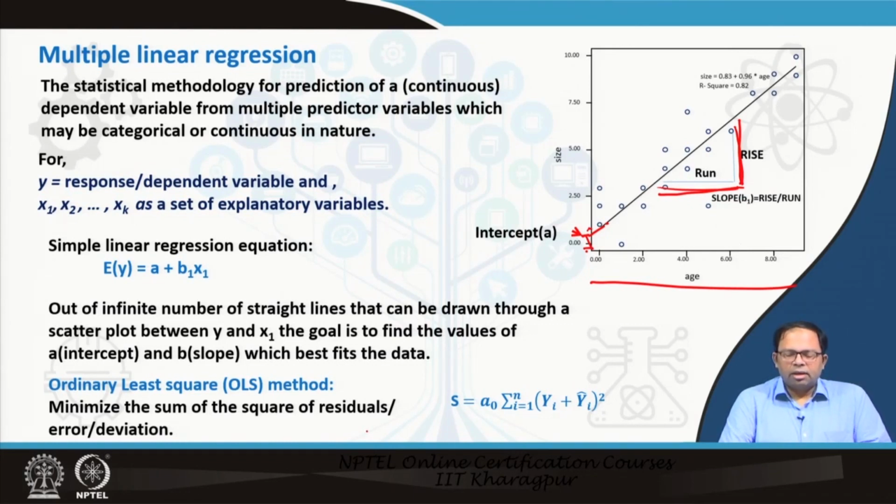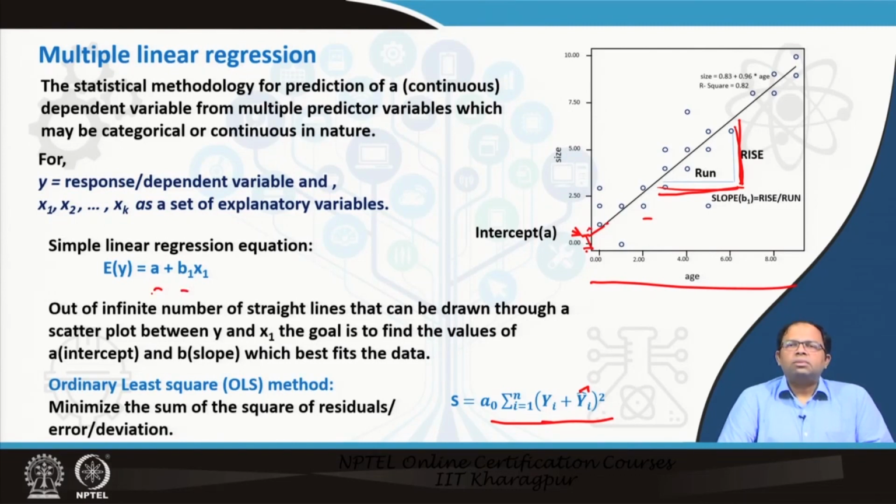That means for different values we will have predicted values of y, like y hat, and a difference with the actual value y i, for i equal to 1 to n, for each of these points. Then we add up all these deviations, and the one value which minimizes this sum is taken, and that gives us the result for the constants a and b1, these particular coefficients.